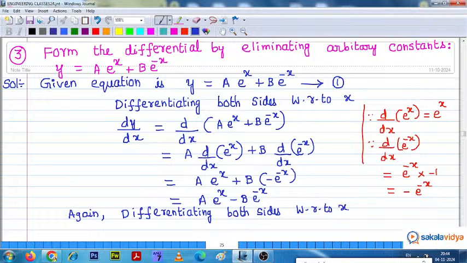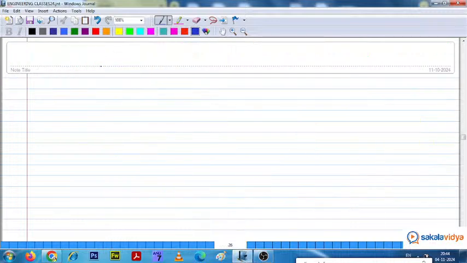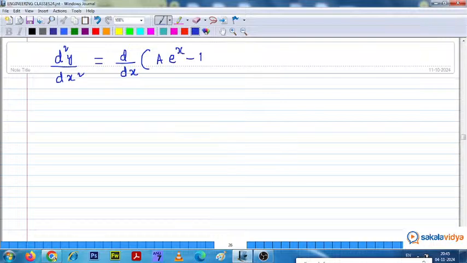So, now again it is being differentiated with respect to x. So, what do we get now here? dy by dx becomes the second derivative. So, that means we can write d2y by dx square is equal to d by dx of a times e power x minus b times e power minus x.